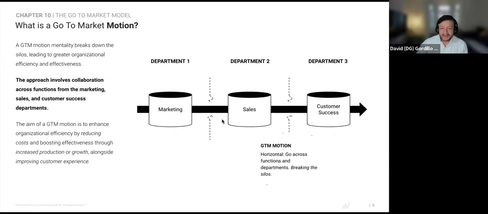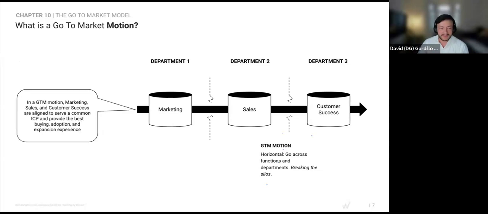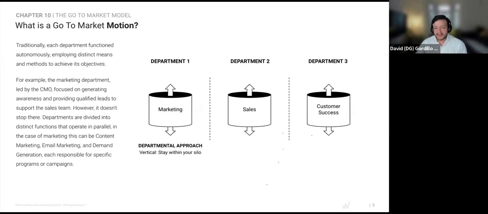So the idea is to break those silos and align from end to end how marketing, sales, and customer success are going to interact with a particular ideal customer profile. This is already a mind shift in the way we normally operate, because historically it has been very ingrained in companies to operate with all the departments being different, with their own boss and their own KPIs.